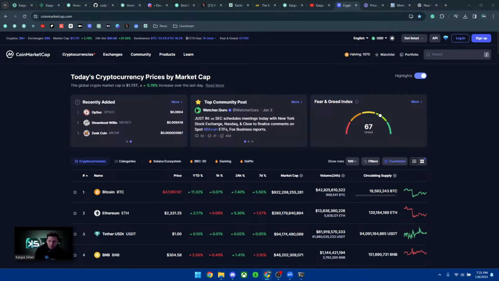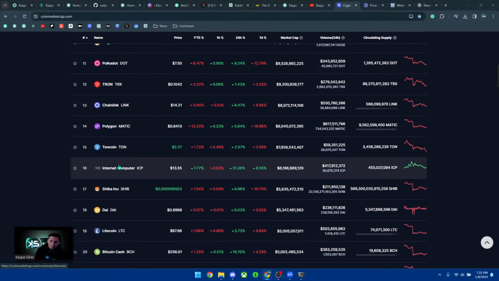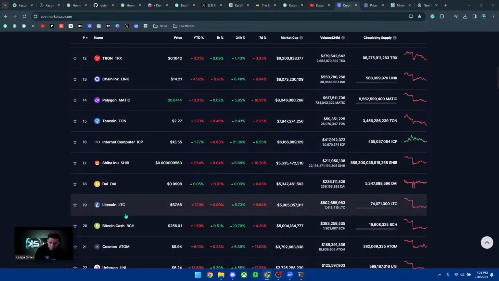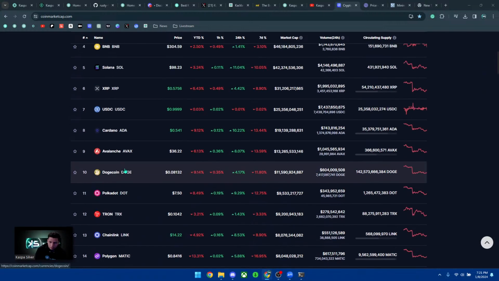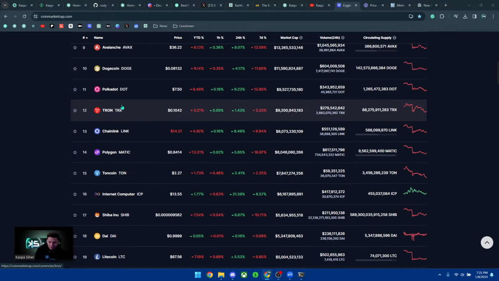So Dogecoin was on the top, but it never got a major market cap. It never got in the top 10 without Elon Musk. If Elon Musk didn't start saying things about Dogecoin, I would say it would not be there today. But I think you can mine Dogecoin and Litecoin together because they use the same scrypt. And Dogecoin's above Litecoin because it has that Elon backing pretty much.